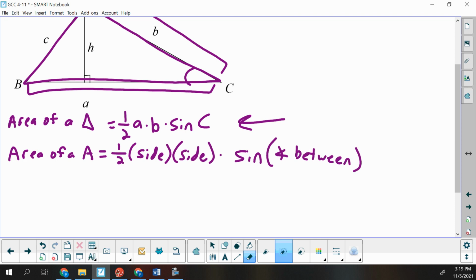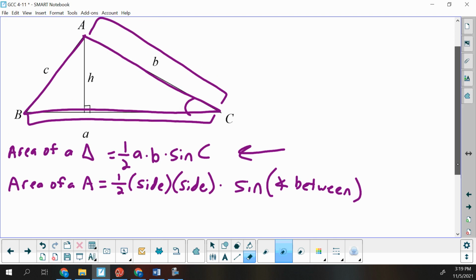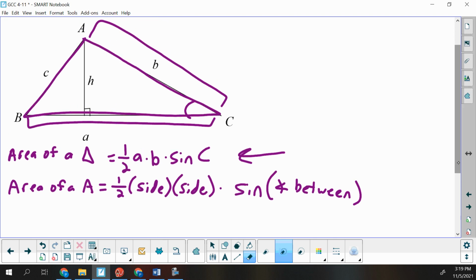So that's really what we're doing. If we want to find the area of any triangle, it does not have to be a right triangle, we can do side times side times sine of the angle that is in between. So we could have done a and c for our sides, then done angle B, or we could have done c and little b for our sides and done big angle A as our angle. It doesn't matter, we just need to do 1/2 side times side, sine of the angle in between.